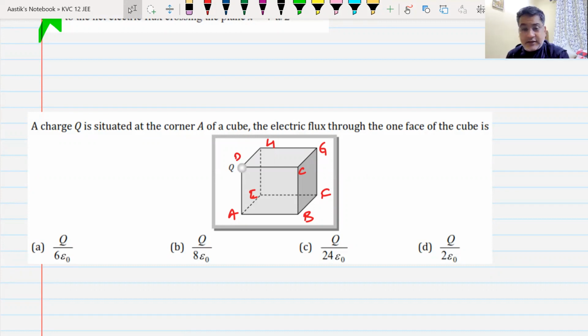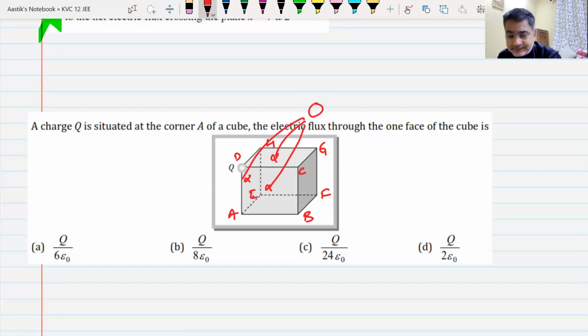Now, remember this charge is placed here. It is in contact with three faces: number one, the upper face; number two, the back face; and number three, the front face. The flux through these three faces would be 0.